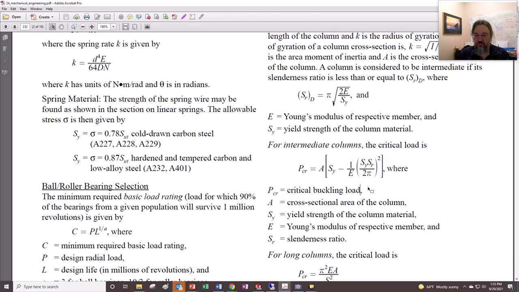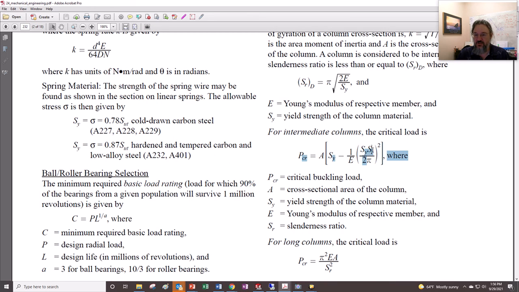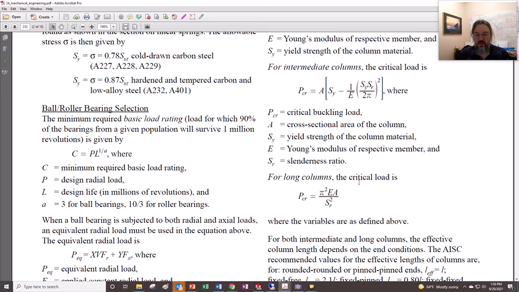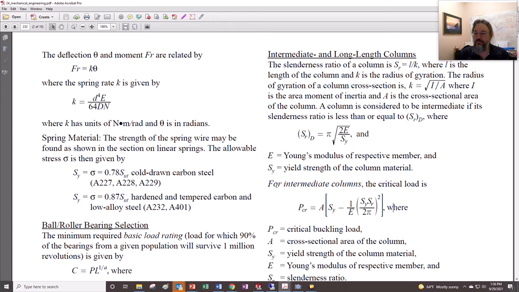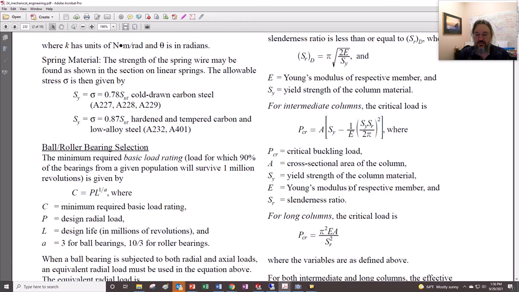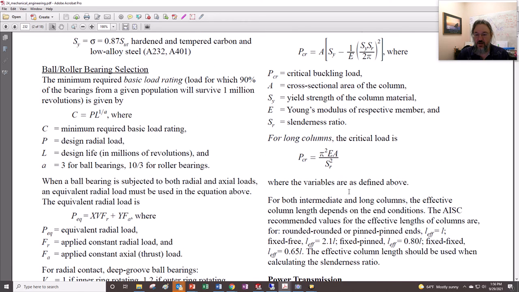So there's a critical buckling load, and these are all the same things that we've covered. They kept the slenderness ratio inside there, so that's important. And then for long columns, you can see this right here. That's the Euler buckling, right? And I think for the L, they said L is the length of the column, but in this case, it's probably going to be the effective length right here.